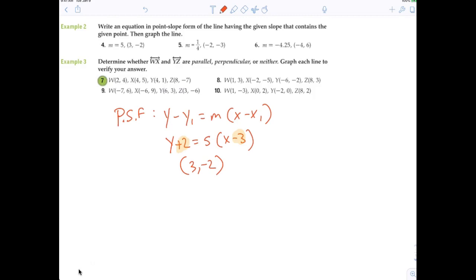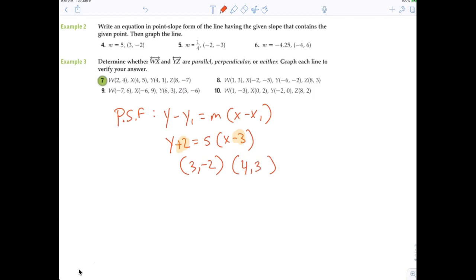And then from that point you go what? Up 5 and over 1. Now, something that I would like for you to be good at is, if I start at 3, -2, and I go up 5 and over 1, what point do I land on? 4, 3.